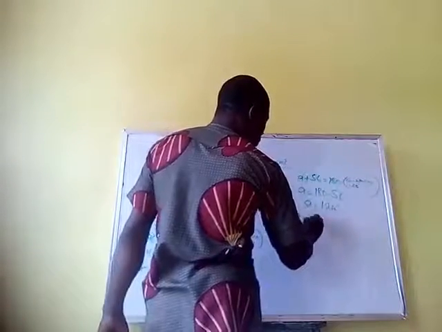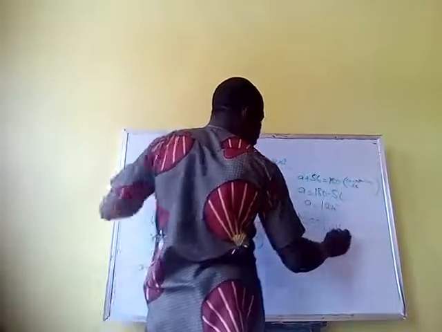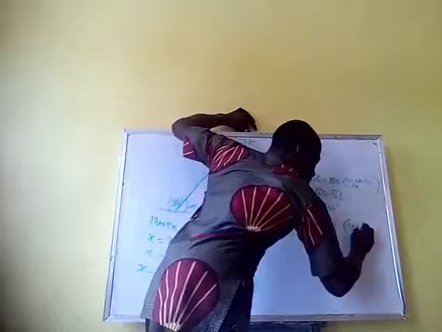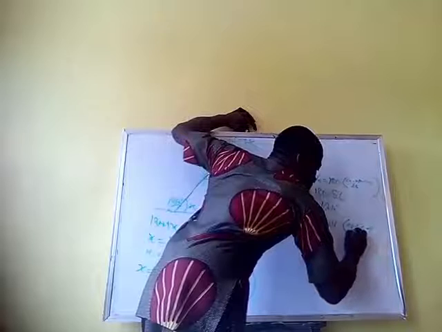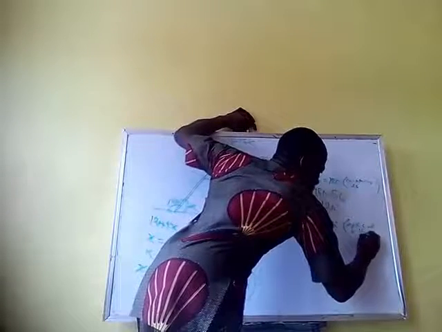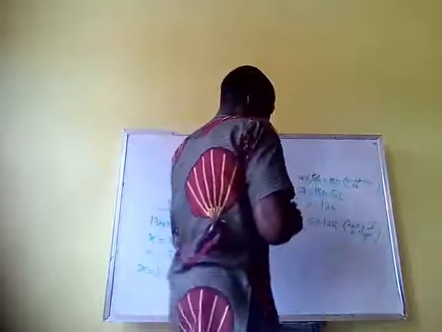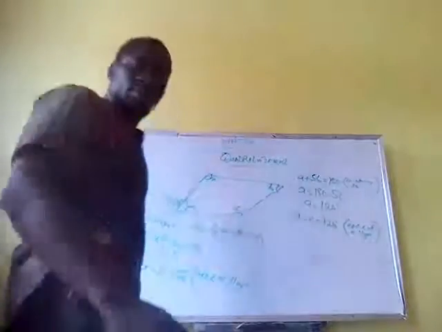A equals C equals 124 degrees. Reason: opposite angles of a parallelogram.